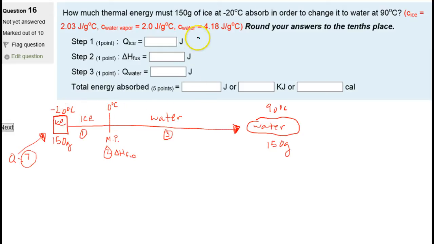The way we do that is by using the thermal energy formula, Q equals C times M times delta T, where the specific heat of ice is 2.03 joules per gram degrees Celsius, times the mass of this ice, which is 150 grams, times the change in temperature as it goes from negative 20 to 0, which is a positive 20 degree temperature change. We'll get a calculator out here, and we end up with 6,090 joules.